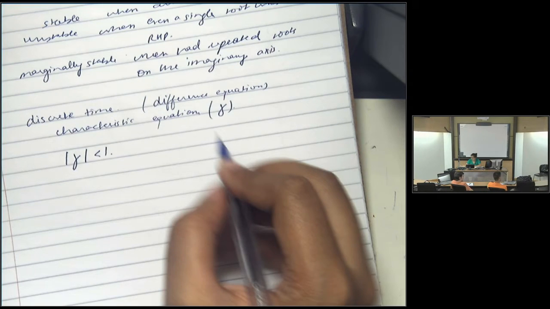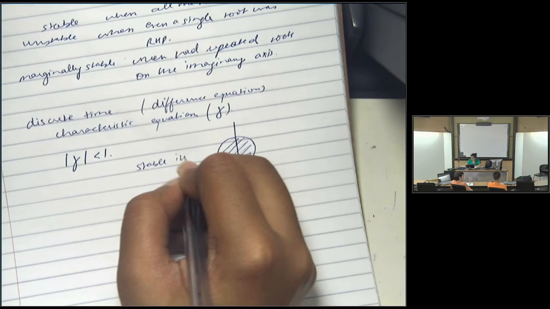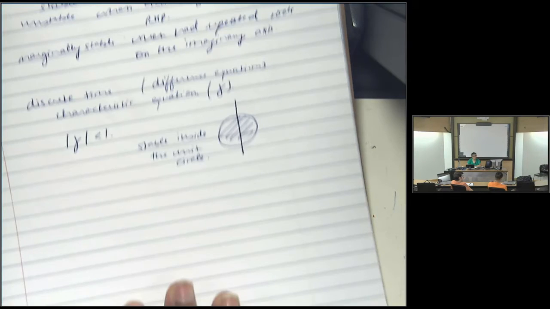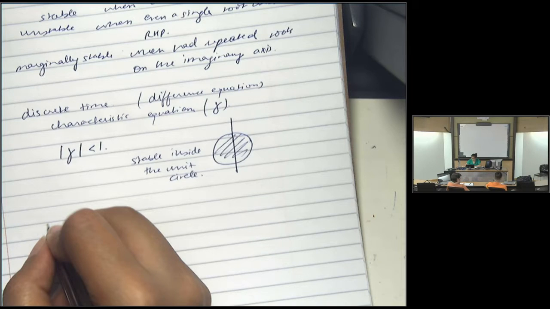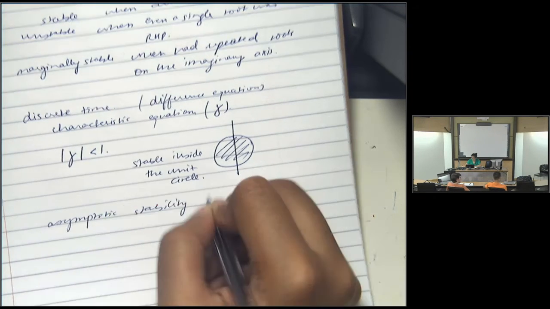So we were stable whenever we were inside the unit circle. So these were the stability conditions that we had. And this is for asymptotic stability. That is internal stability.